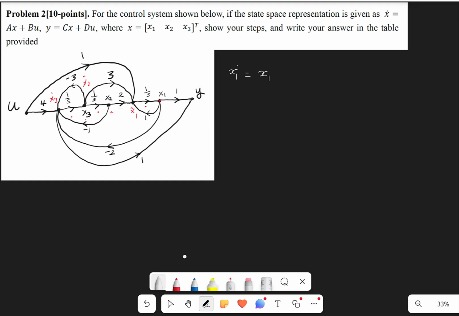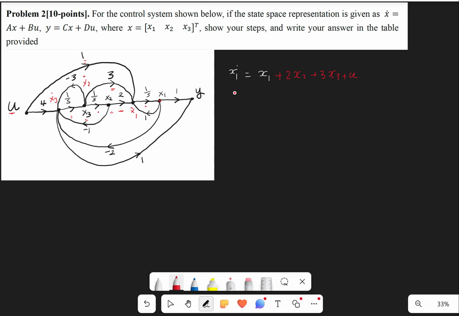Then here we have 2 multiplied by x2, so plus 2x2, and here we have 3 multiplied by x3, so this will be plus 3x3, and here we have the input multiplied by 1, so plus u.